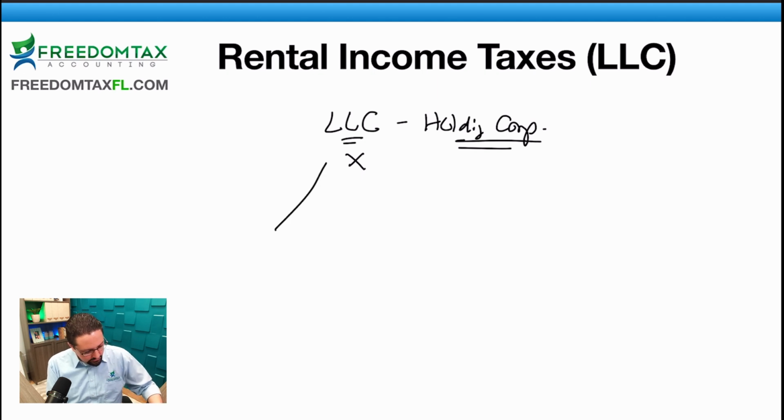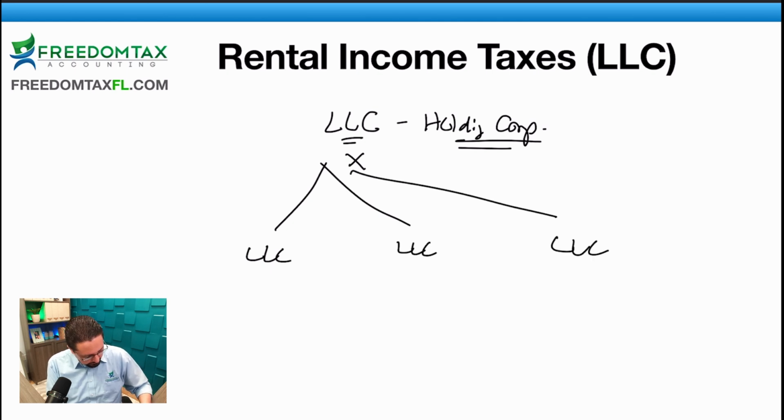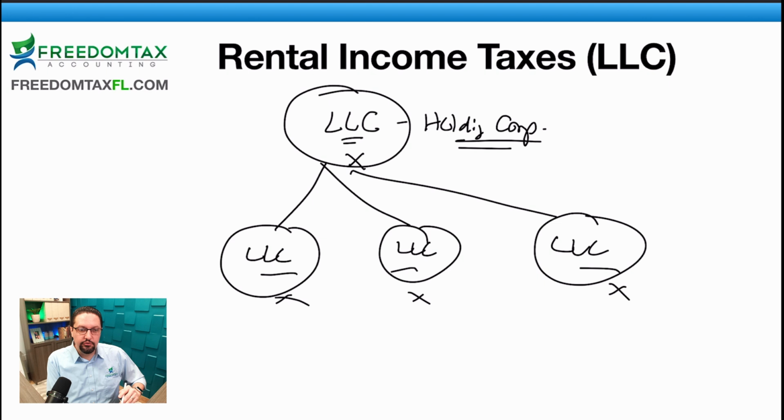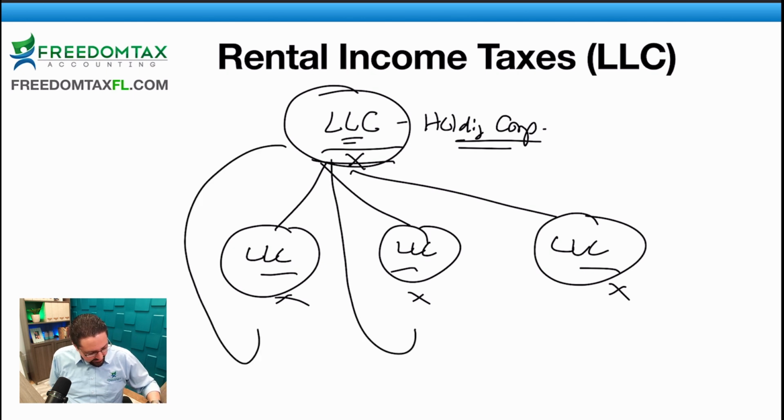But then you're going to have other LLCs with properties, so you don't put all your properties under one LLC. You form several LLCs to put different properties so you spread out the risk. And then this holding company is going to be the owner of all these LLCs.